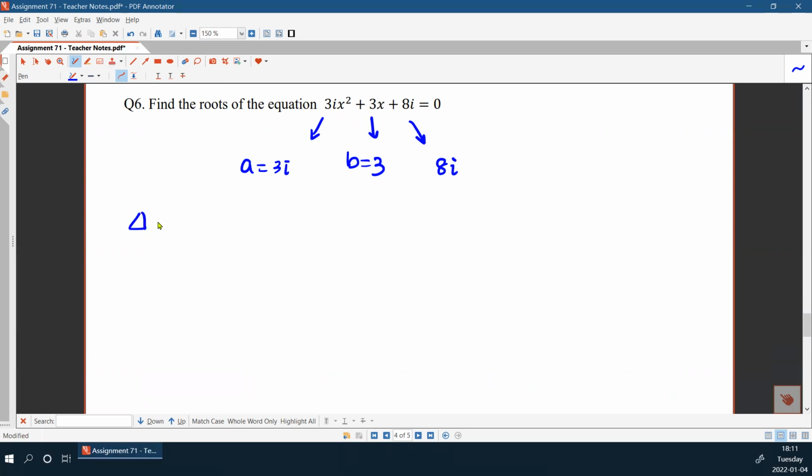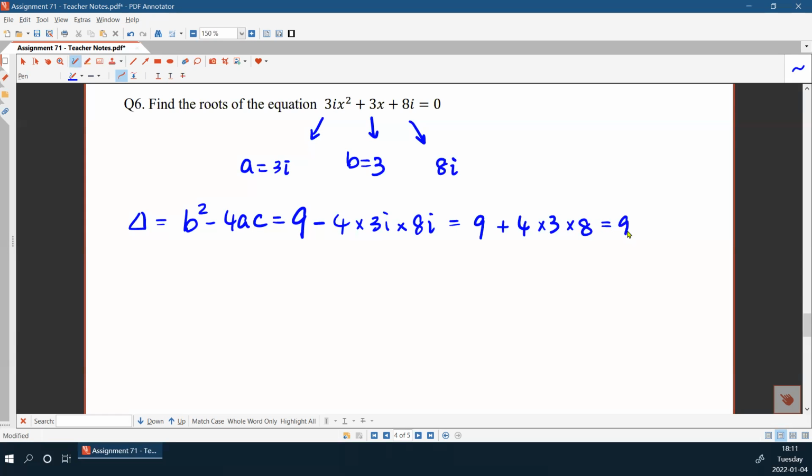Then we calculate delta. Delta is b squared minus 4ac, which is 9 minus 4 times 3i times 8i, which is 9 plus 4 times 3 times 8, right? Which is 9 plus 96, which is 105.